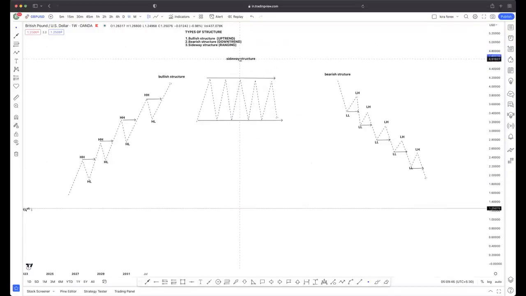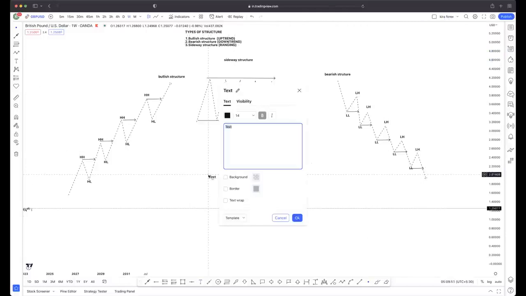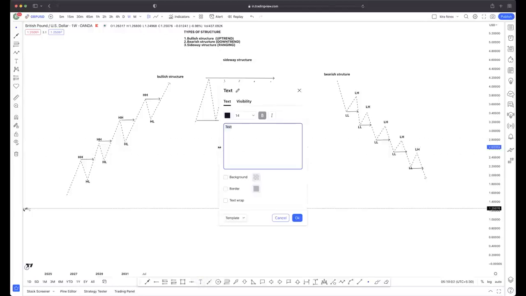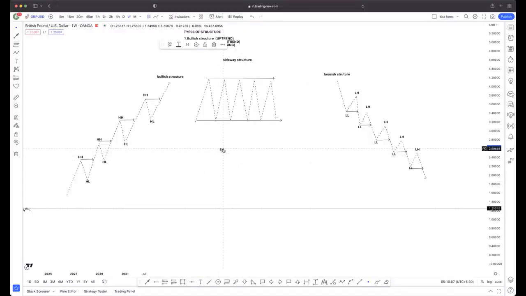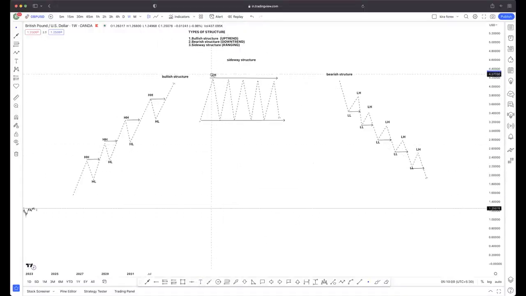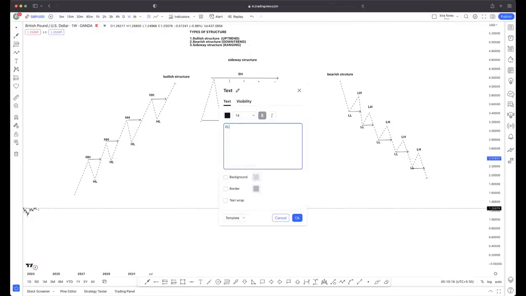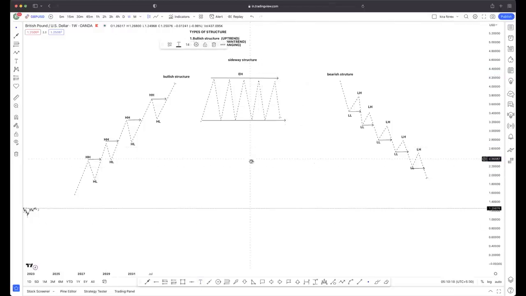So with the sideways structure, we have equal highs, and then we also have the equal lows.